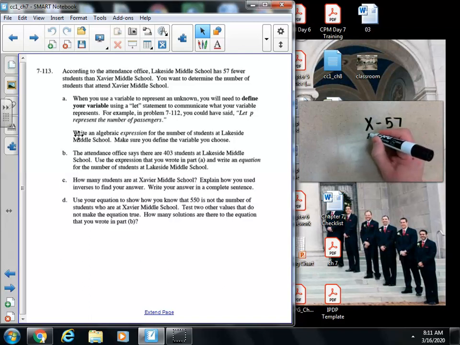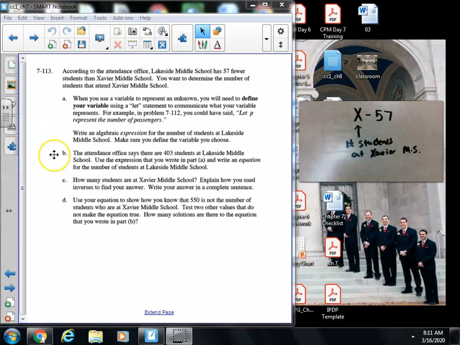So here my variable would represent the number of students at Xavier Middle School. Okay, so if we take this variable and take 57 away from it, that should give us the number of students who are attending Lakeside Middle School.